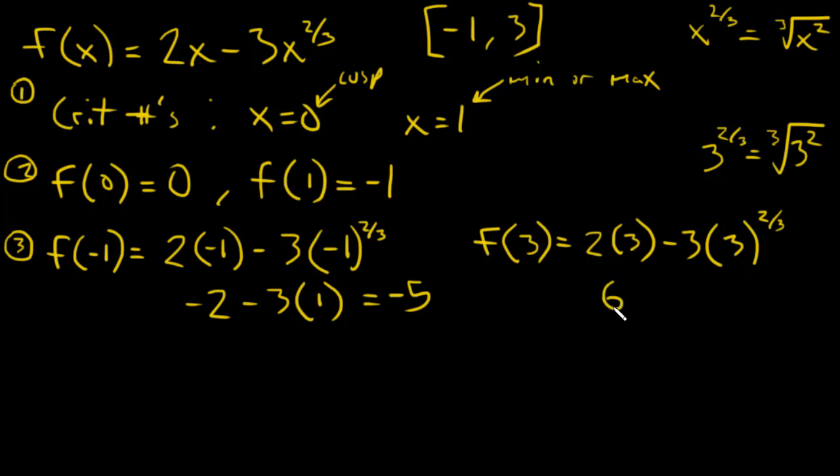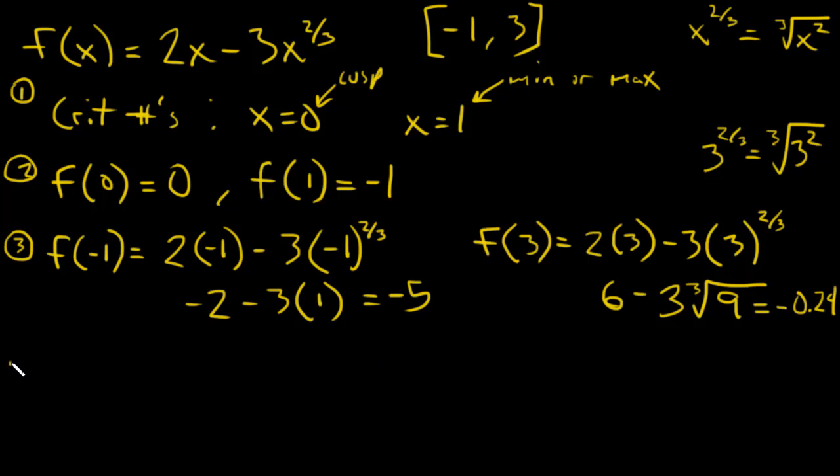So this becomes 6 minus 3 times the cube root of 9. That's all we can do with that. We can't really simplify it further. But I happen to know, having worked it out already, this is around negative 0.24. Okay? So I have my two values for my endpoints now. My f at negative 1 is negative 5. f at 3 is negative 0.24.